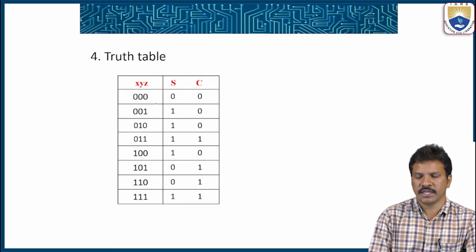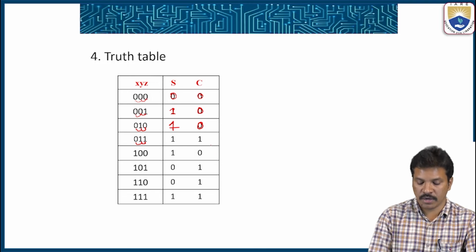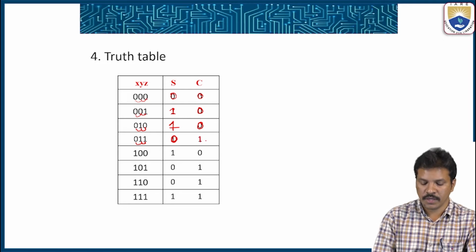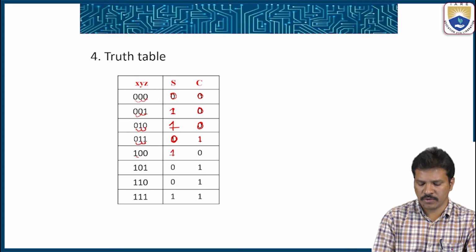If you check the sum and carry: 0 plus 0 plus 0 gives sum 0, carry 0. 0 plus 0 plus 1 gives sum 1, carry 0. 0 plus 1 plus 0 gives sum 1, carry 0. 0 plus 1 plus 1 gives sum 0, carry 1. 1 plus 0 plus 0 gives sum 1, carry 0.